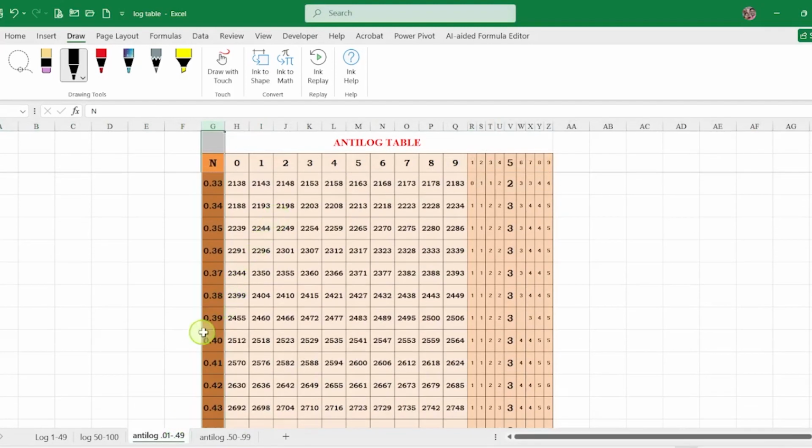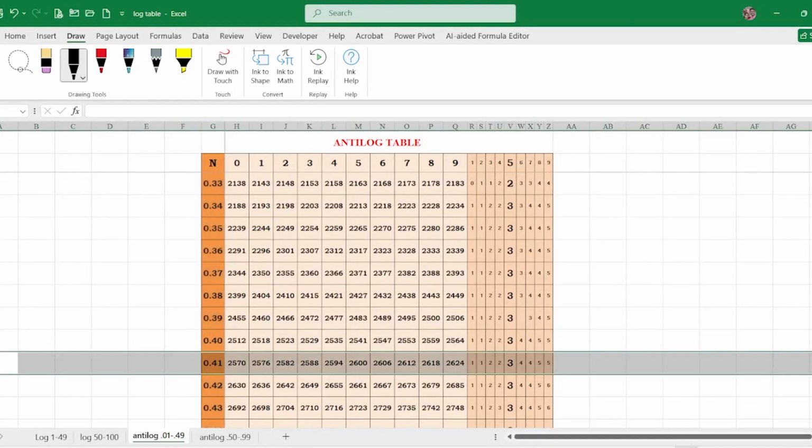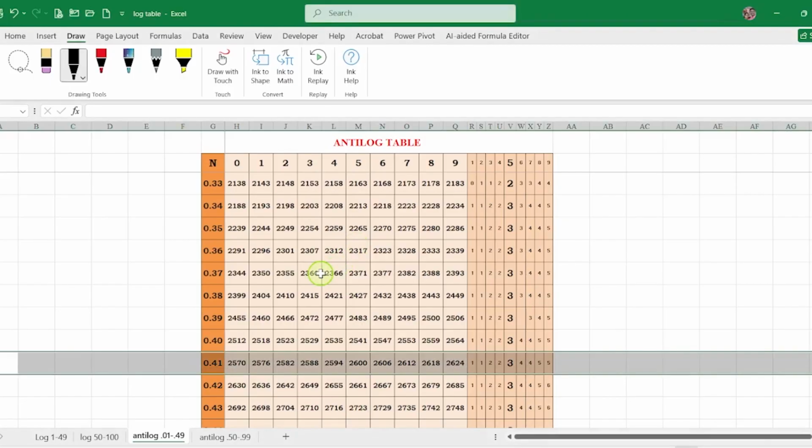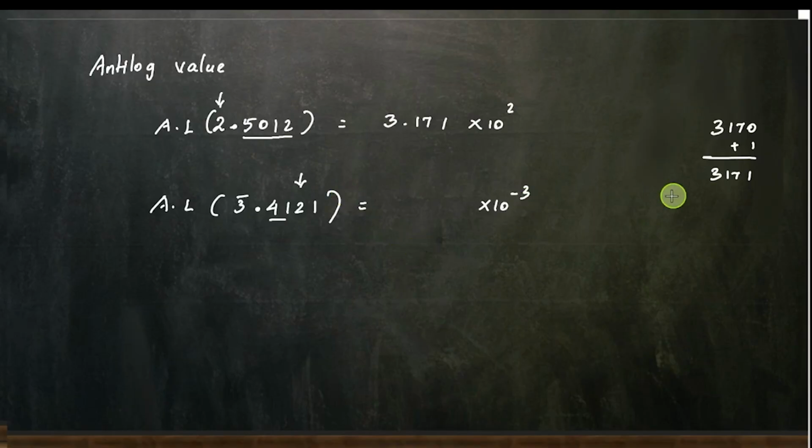Here I have taken antilog and I'm looking for the 0.41 row, and the third digit we have is 2. So I need to search the value under 2, 2582. So I have to write it here, 2582. Then the fourth digit I have here is 1.